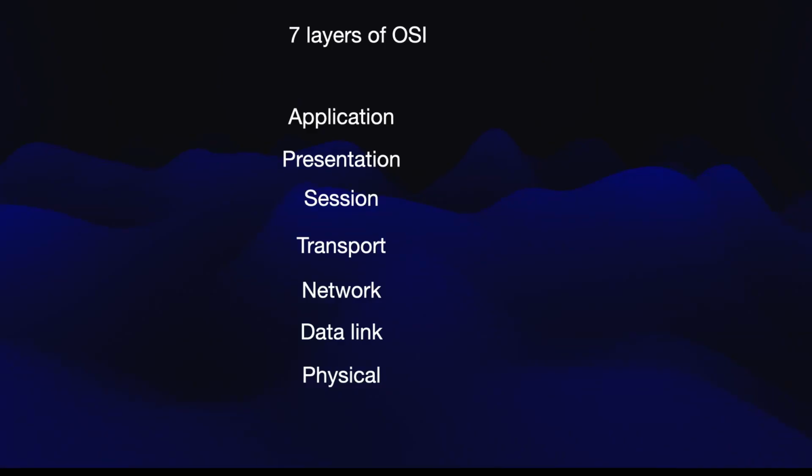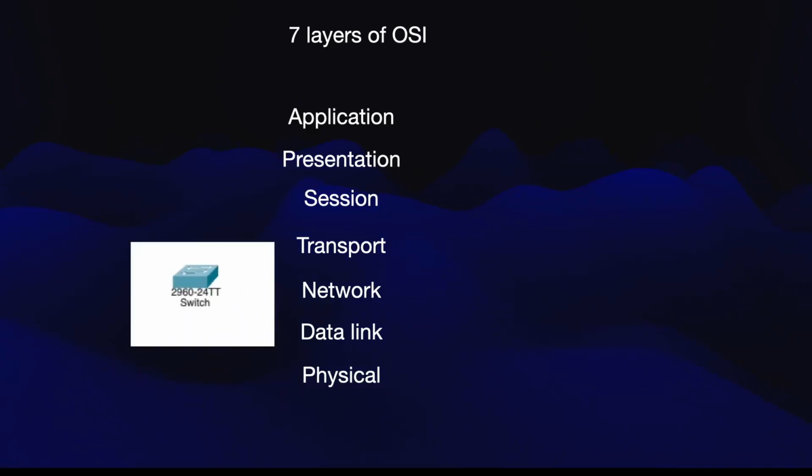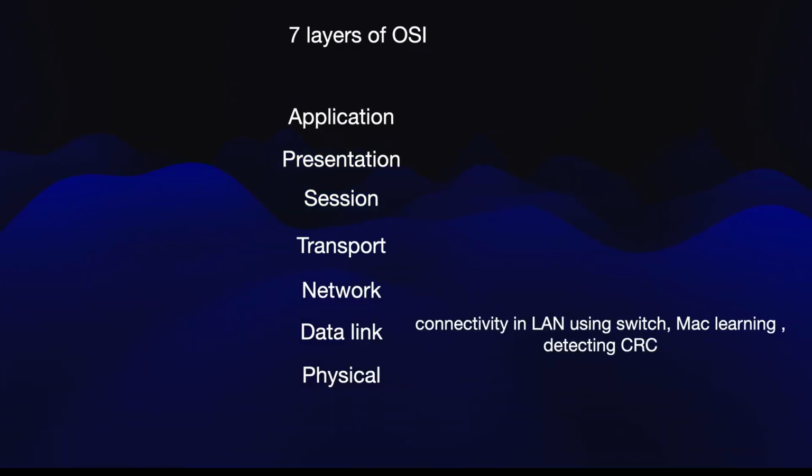The second layer, the data link layer, is where the switches operate. It deals with the connectivity in the LAN using switches, learns the MAC address, detects CRC errors, whether the data that is received has any issues or not, and also defines how the data is formatted for the transport layer.